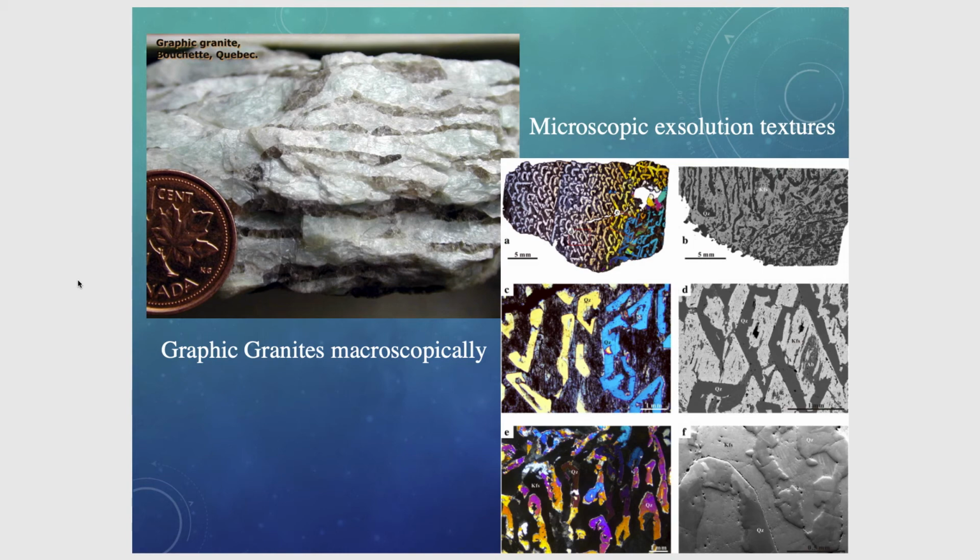This is why you call this rock a granite, because you can see here a solution of quartz and feldspar that are tightly crystallizing together and forming this characteristic texture, which has been compared to the cuneiform writing of ancient populations.